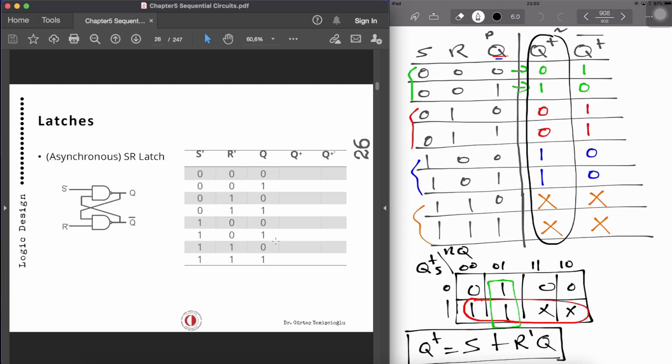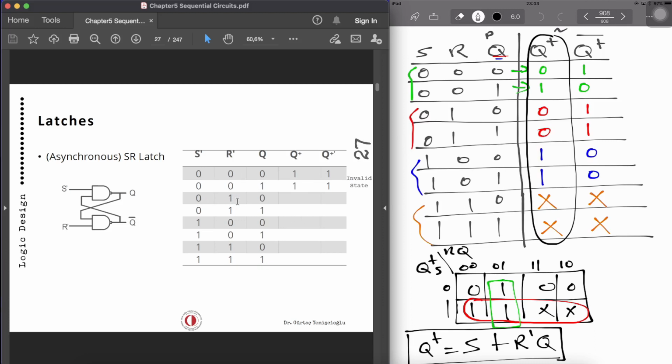We can also implement the SR latch using NAND gates. It's like an active low version of the SR latch. So everything is inverted. The operation is inverted. So when both are 0, it's an invalid state compared with the previous one.